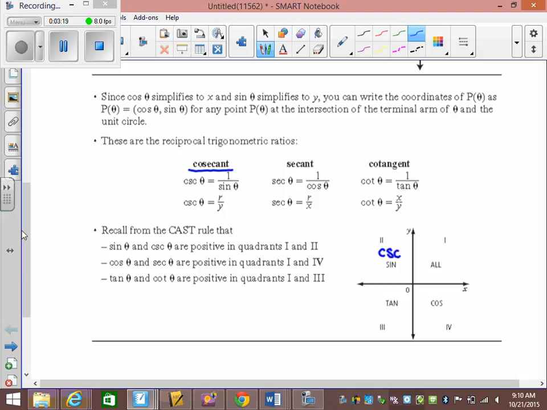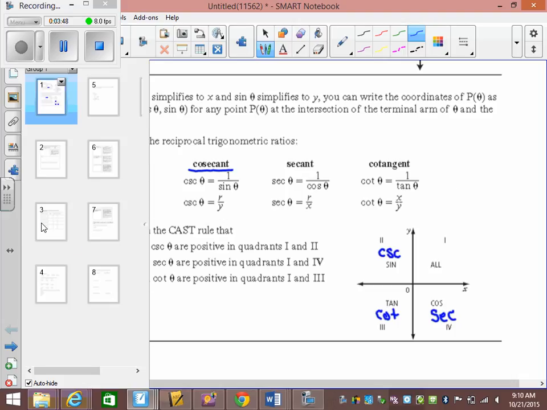If tan is positive in quadrant 3 and 1, then cotan is also positive in quadrant 3 and 1. And if cos is positive in quadrant 4 and 1, then what goes with cos? Secant, because cos and cosecant don't go together because they both start with C's. Okay? So it's not like you have to remember another CAST rule with the cosecants, cotans, and secants. They follow their reciprocal identities.